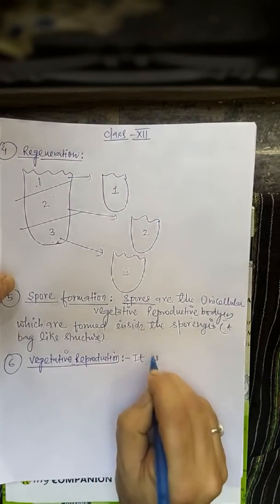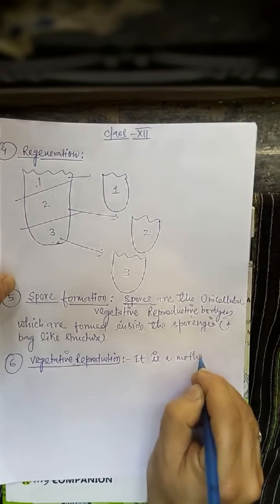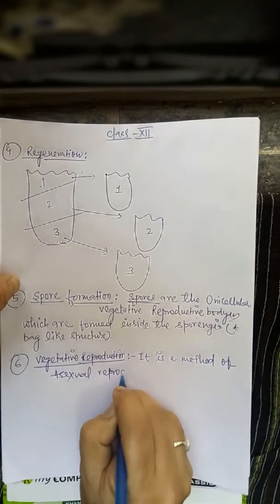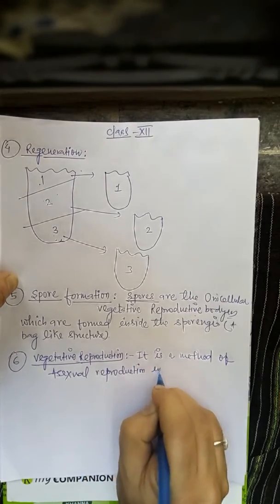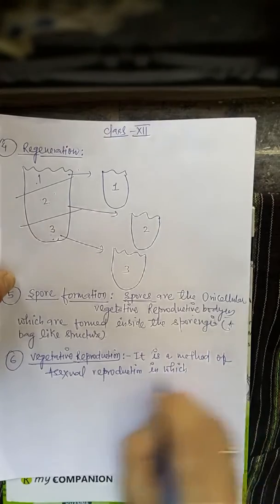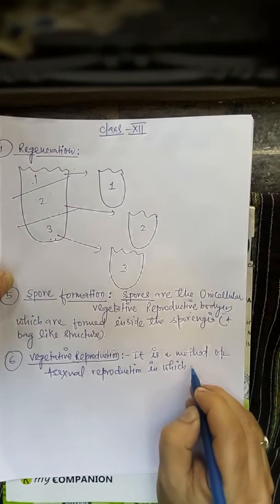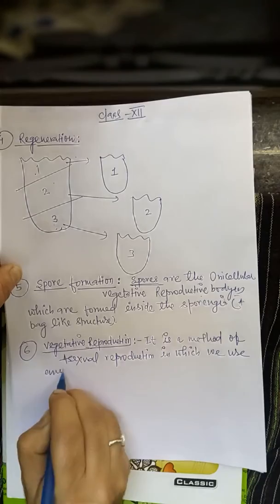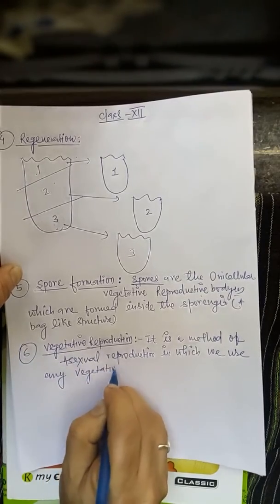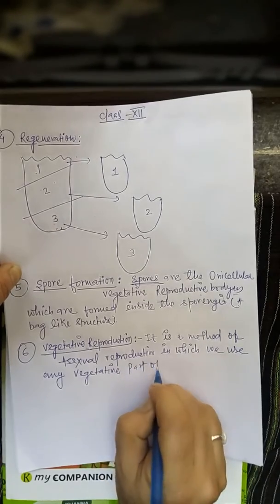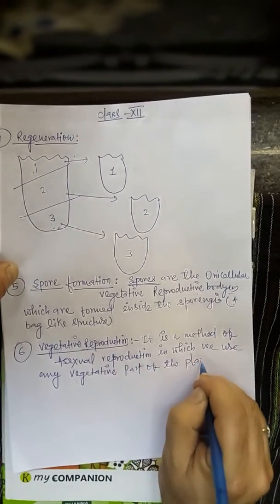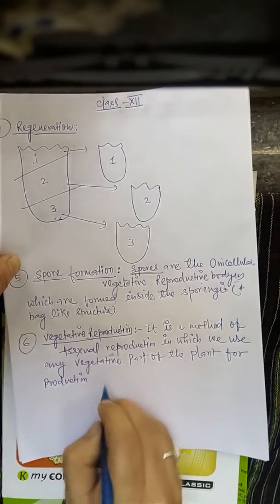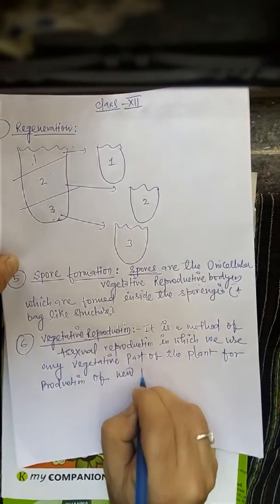It is a method of asexual reproduction in which we use any vegetative part of the plant for production of a new plant.